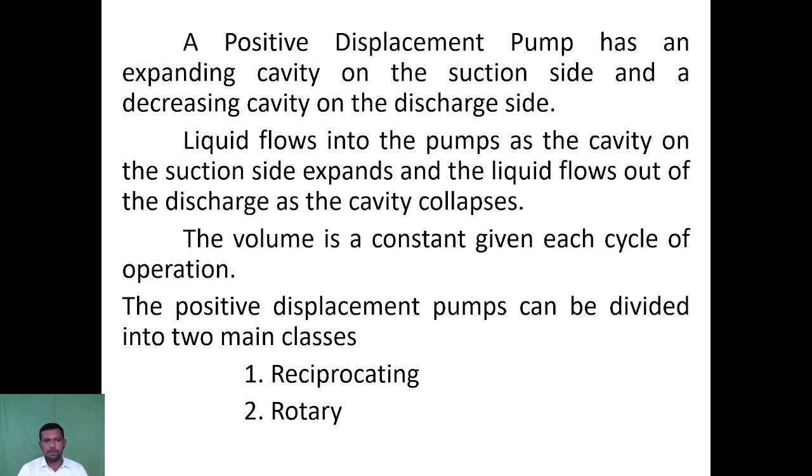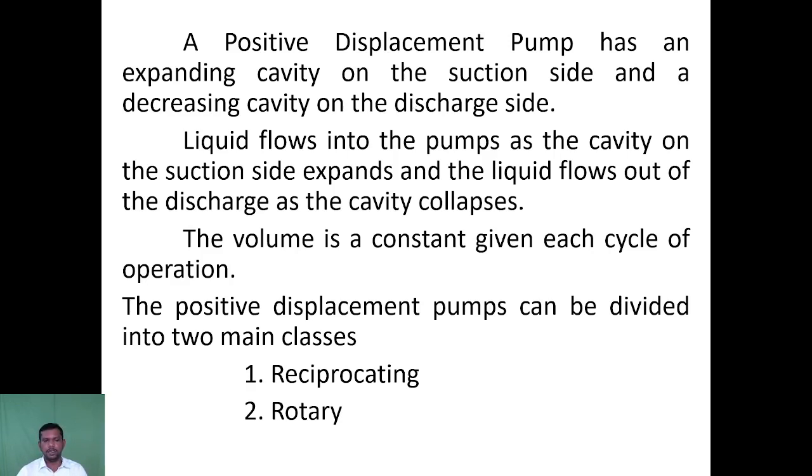When the liquid flows out, the cavity collapses. So this is the mechanism going on inside a positive displacement pump. Here, the volume of gas is constant in each cycle of operation.